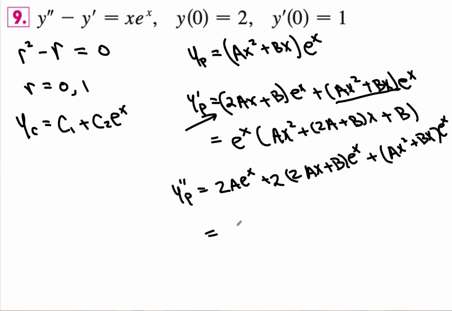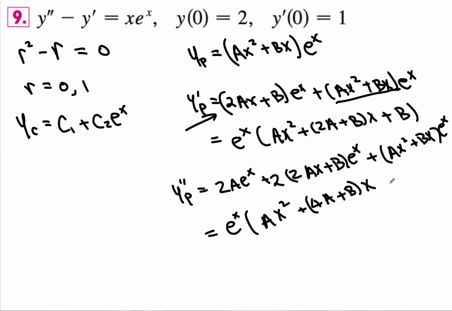Then if I reorganize them by factoring out e to the x, we have ax squared, and in terms of the coefficient of x, I have plus 4a plus b x.